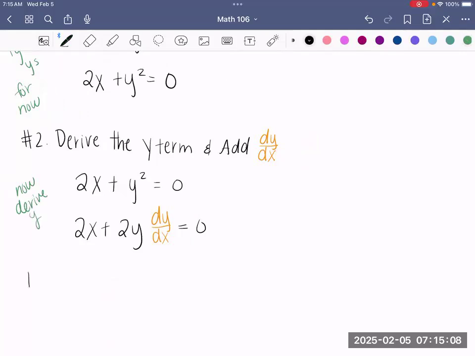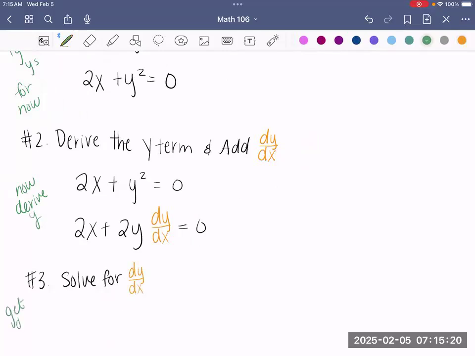So step 3 is solve for dy dx. Get dy dx alone.